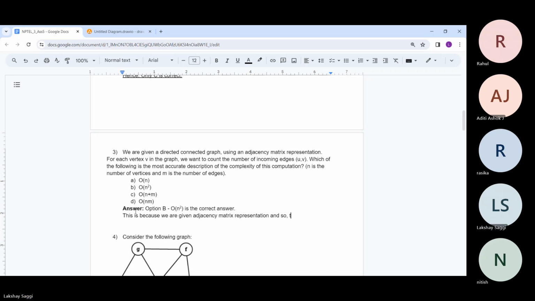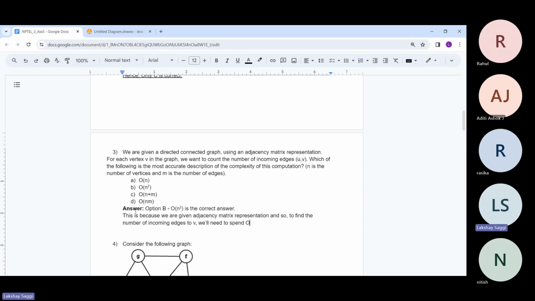And so to find the number of incoming edges to v, we'll need to spend order n time, because we'll need to look at all the vertices to find the number of incoming edges to v.